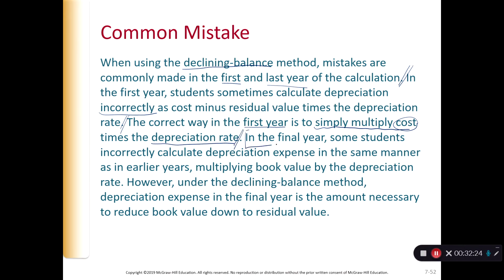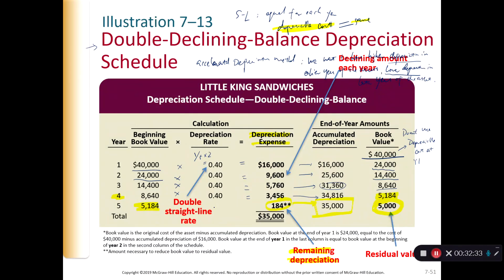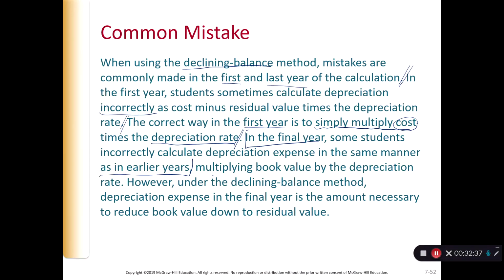Second mistake, in the final year, students incorrectly calculate depreciation expense in the same manner as in early years, such as by multiplying by 0.4 here. Okay, it's wrong. Multiplying the book value by the depreciation rate is wrong, because under the declining method, the depreciation expense in the final year should be the amount necessary to reduce the book value down to the residual value.